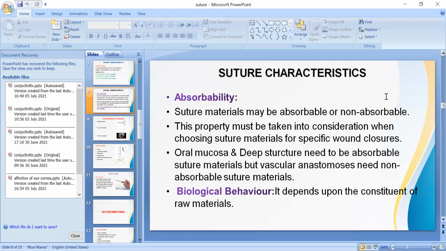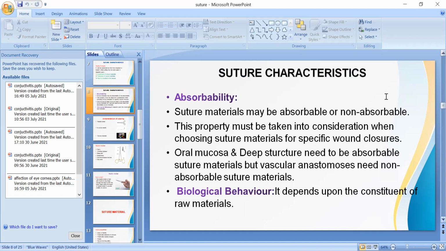How can you choose suture material? It depends upon your surgery. Oral mucosa and deep structures need absorbable suture material, but vascular anastomosis needs non-absorbable suture material.